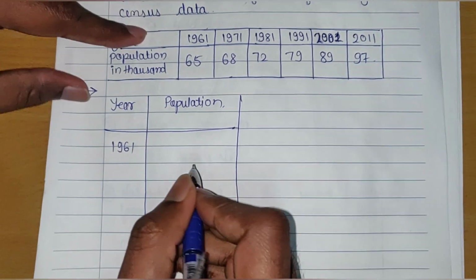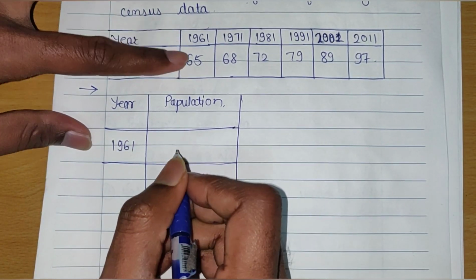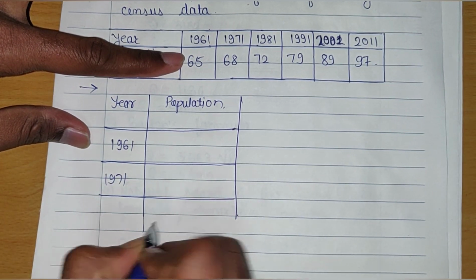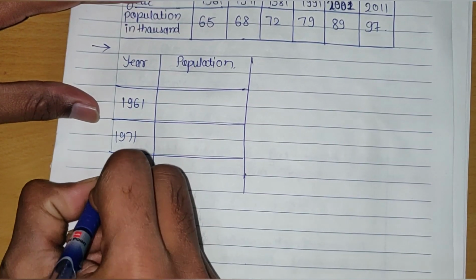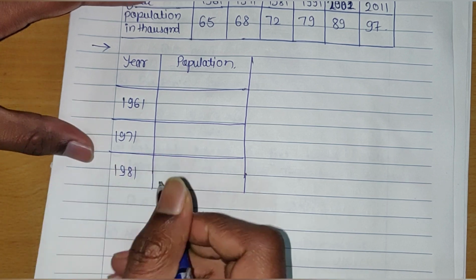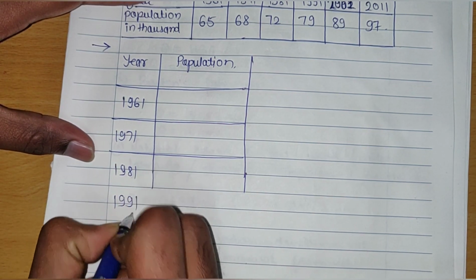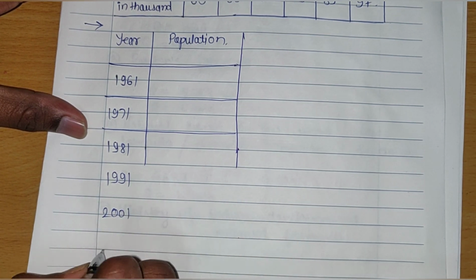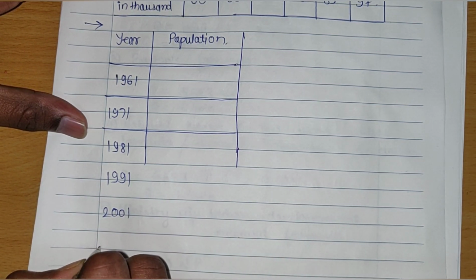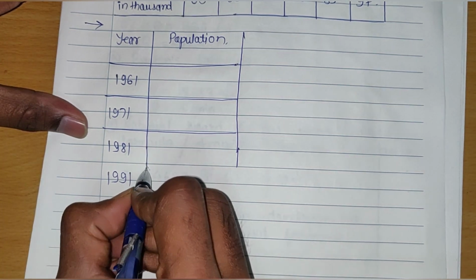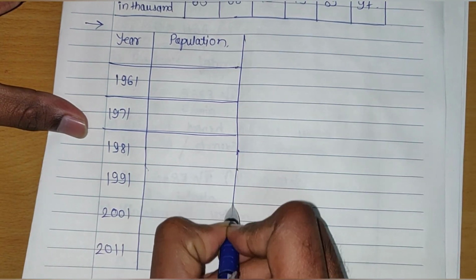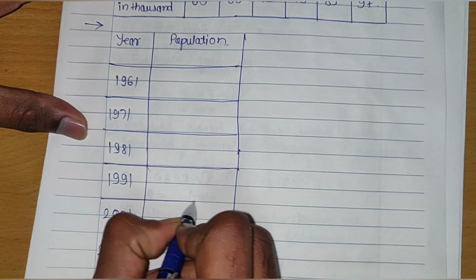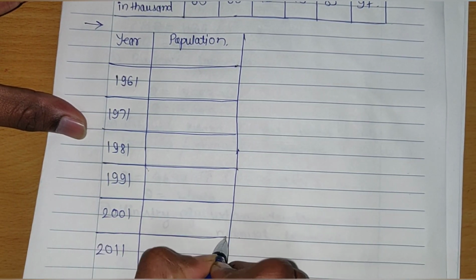The years given are 1961, 1971, 1981, 1991, 2001 and 2011. Remember, in the arithmetical increase method we have to draw a total of three columns.